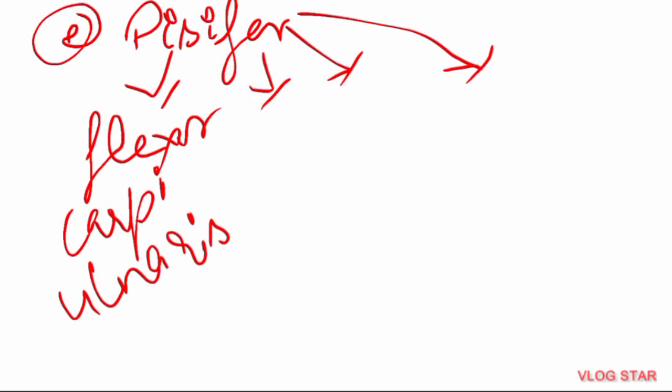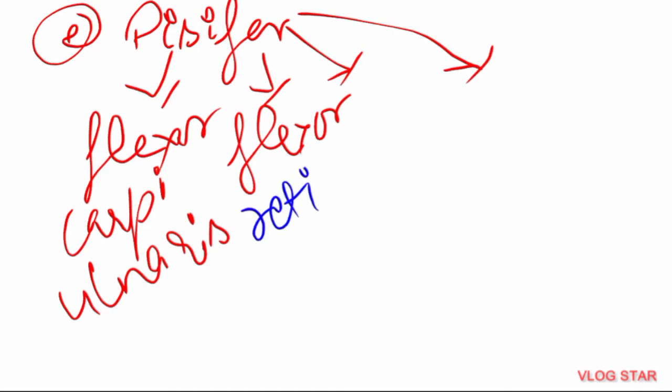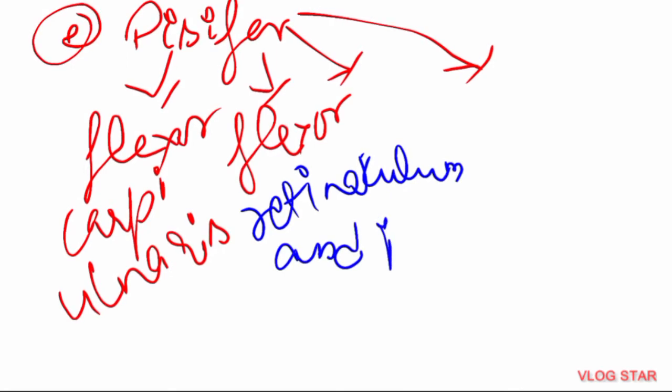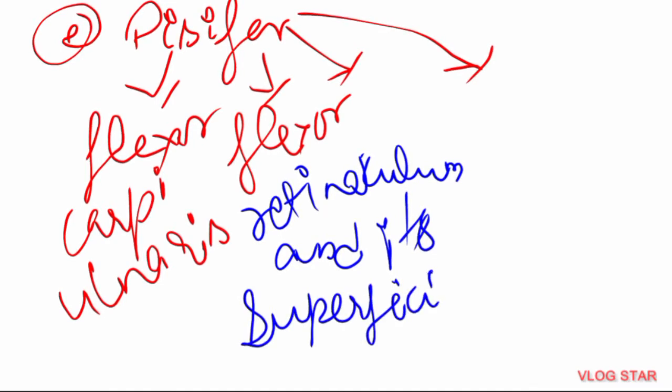Number second is the flexor retinaculum and its superficial sleeve.